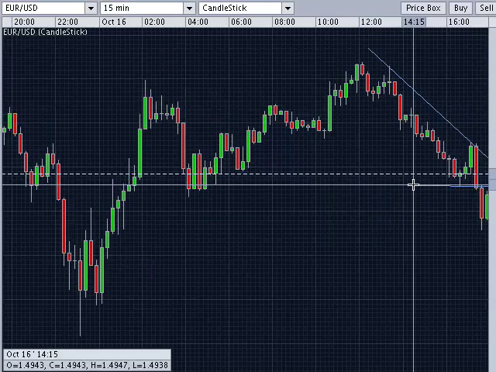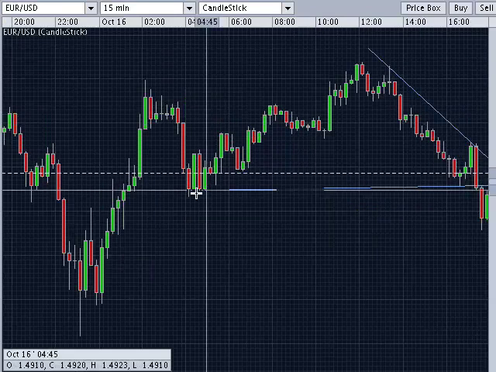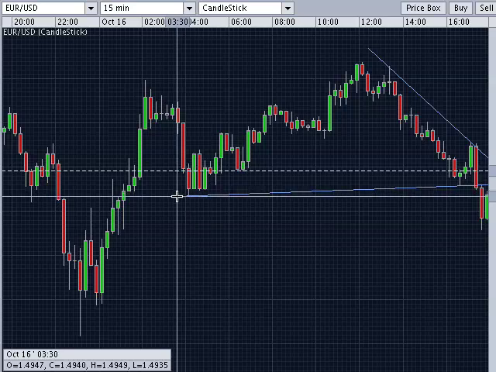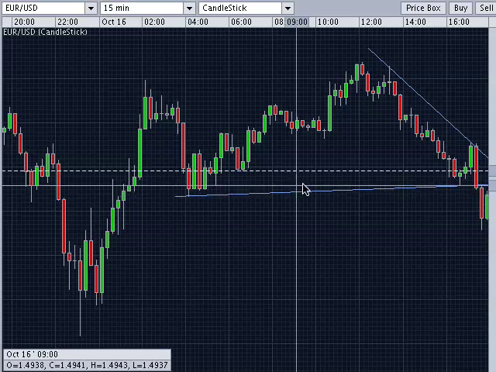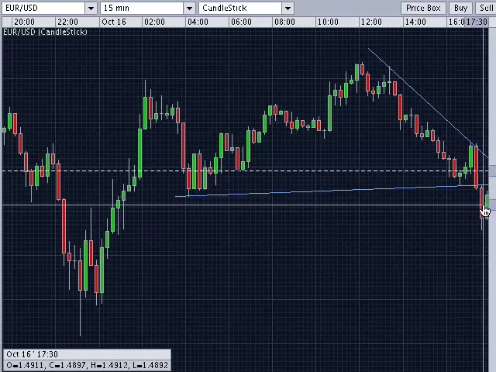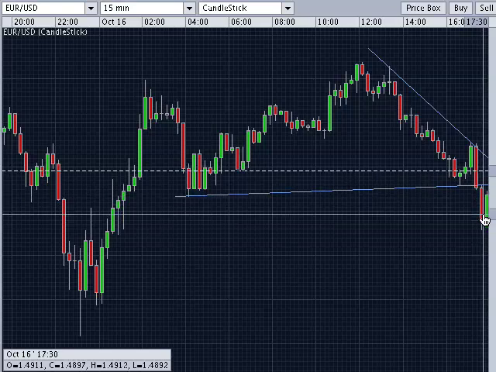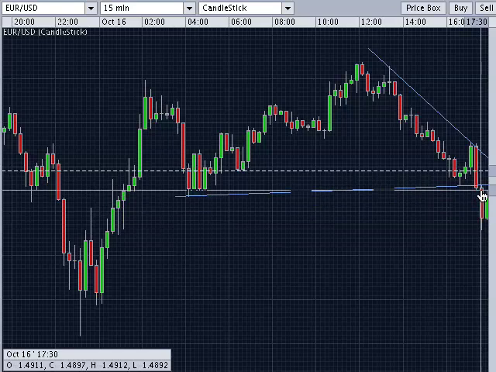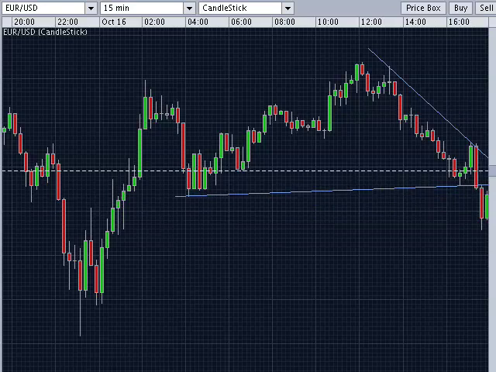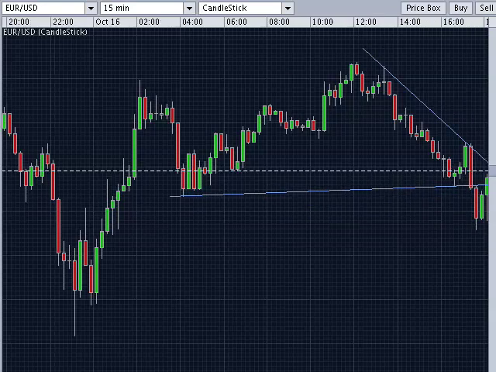So there, and we go left and we find our next lowest fractal, which would be here, and whammo, we've got another bar that closes below the lower trend line, so price appears to be still moving down rather than breaking through this upper trend line. So it looks like our bear run is still good.